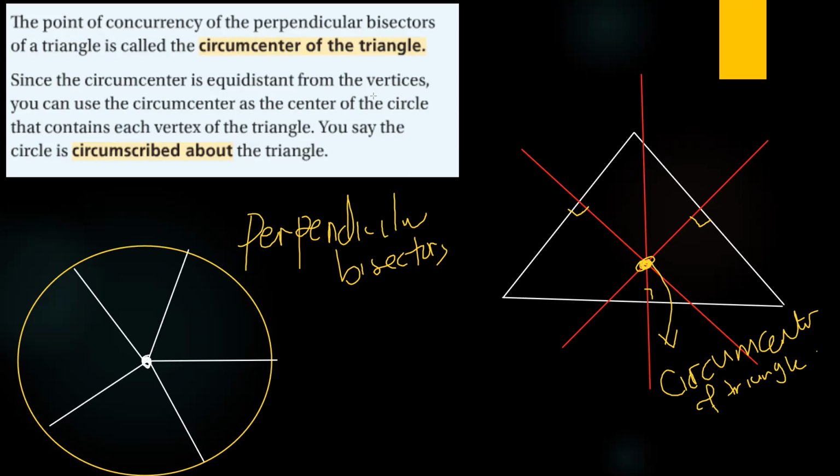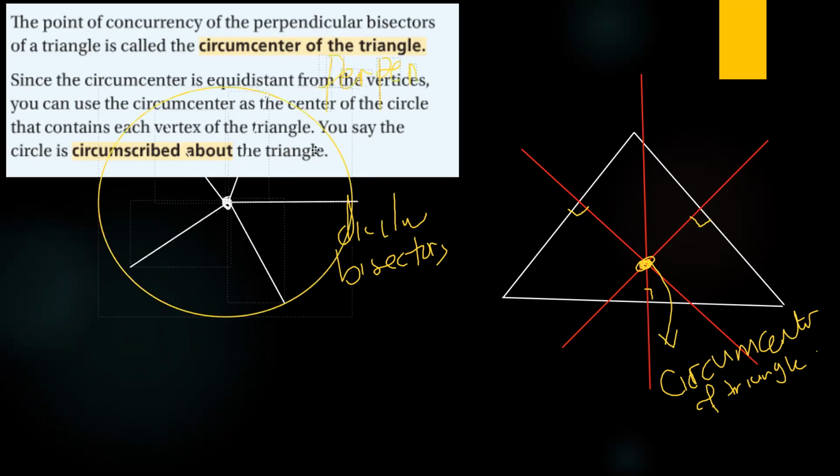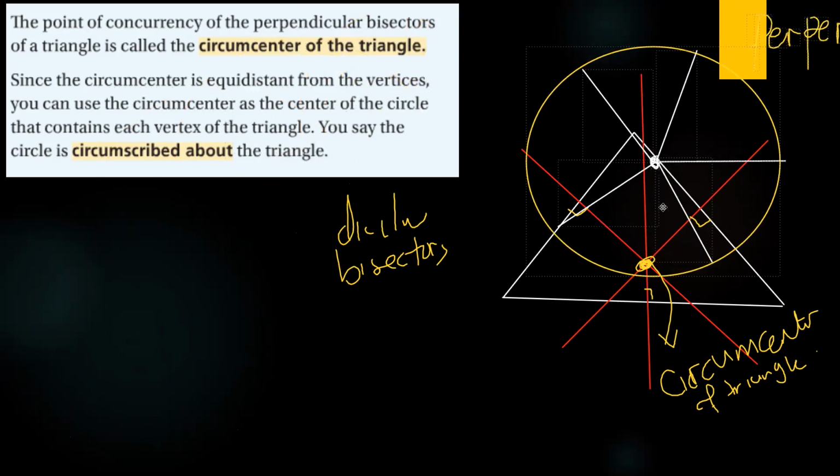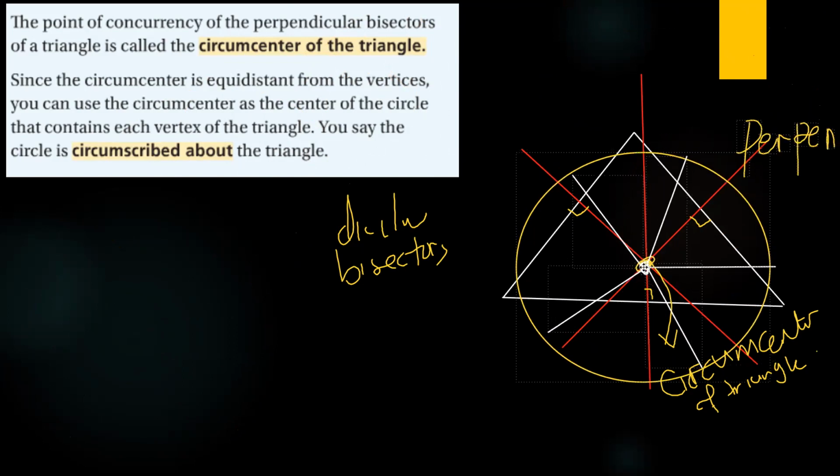Now, they told me that if the center of a circle is on the circumcenter of a triangle, that means if I bring this circle, I take its radius and put it on the circumcenter of the triangle.